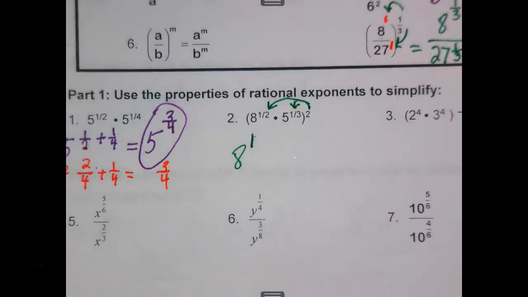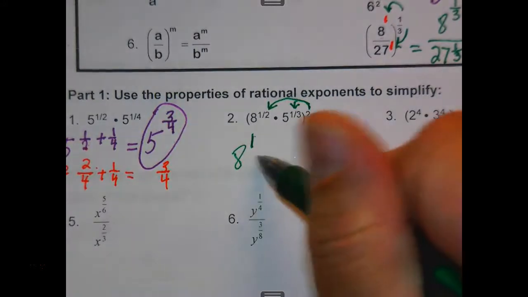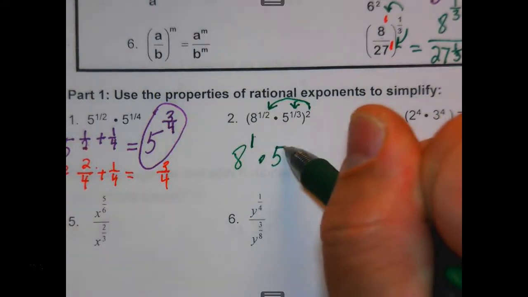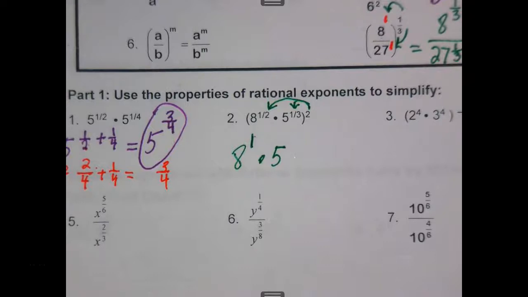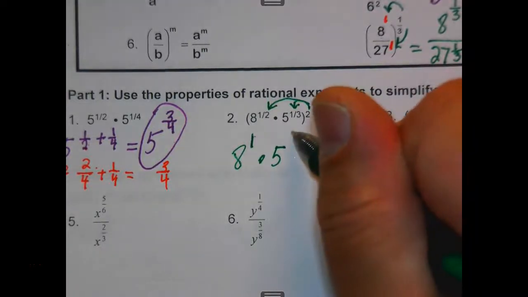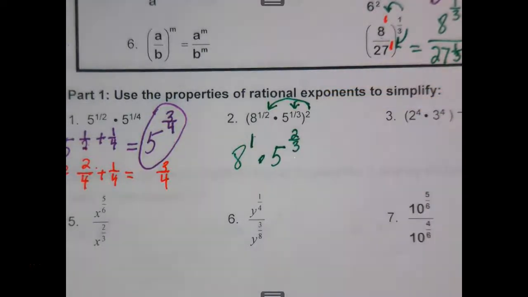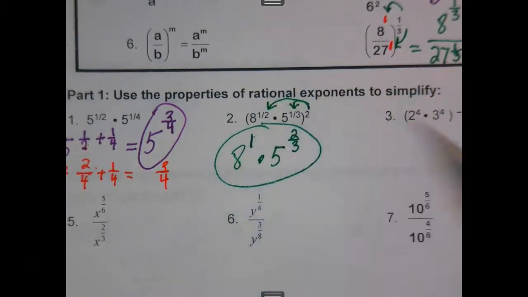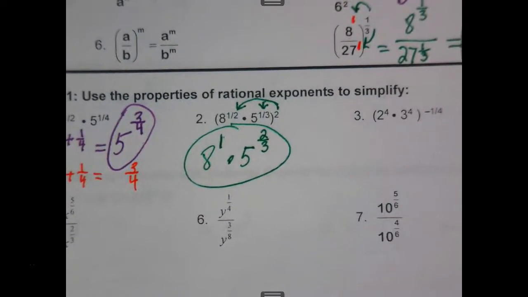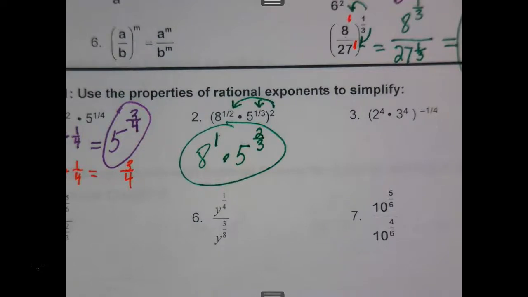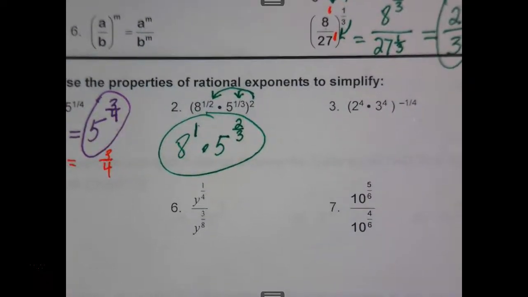I get 2/2, which is what? Times what? 1/3 times 2. Everybody agreed? And I am not going to take the cube root of 25, so I'm just going to leave it as is. It's a messy number. We'll get to it later.